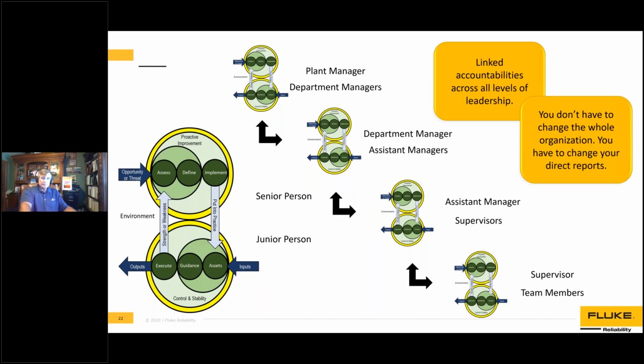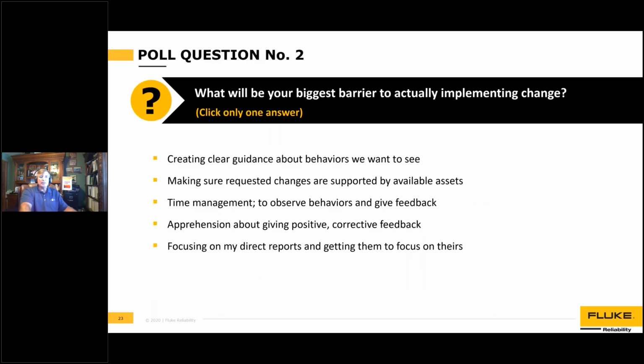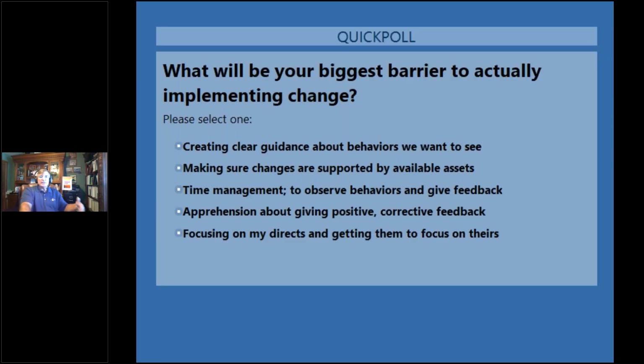Okay, so the second poll question: after listening to my presentation, what do you think would be the biggest barriers to actually implementing change? Would it be creating clear guidance about the behaviors that you want to see? Would it be about making sure that requested changes are supported by available assets?